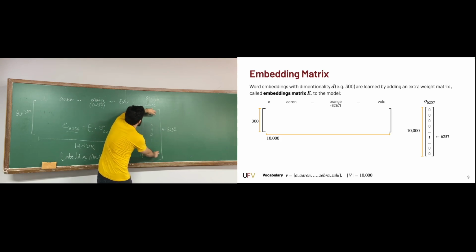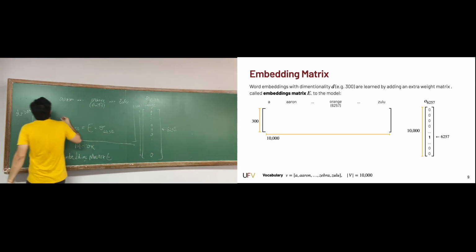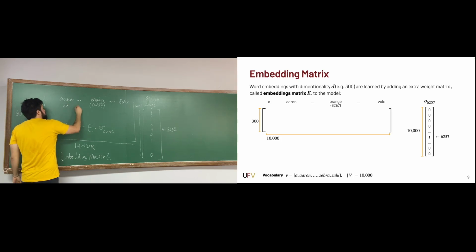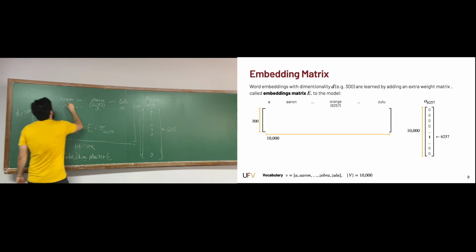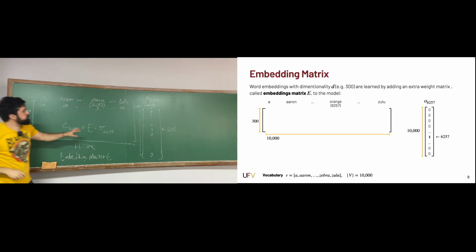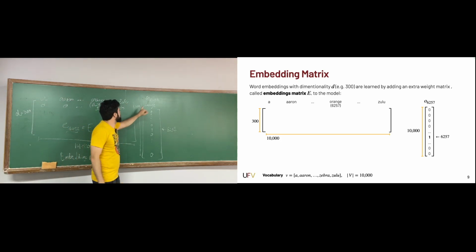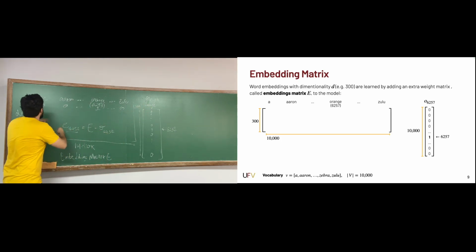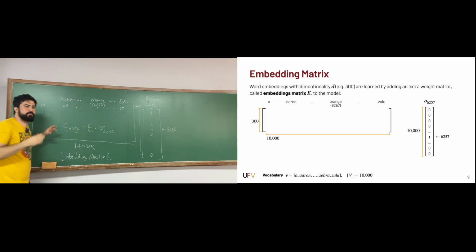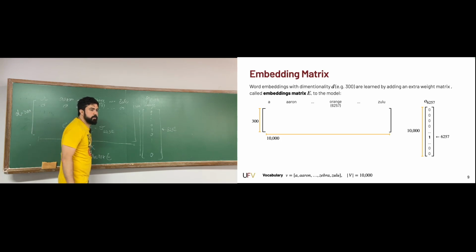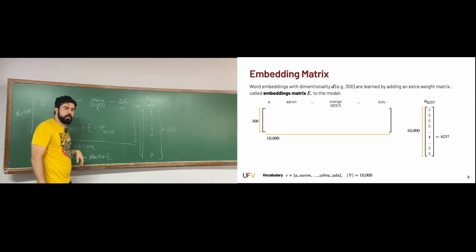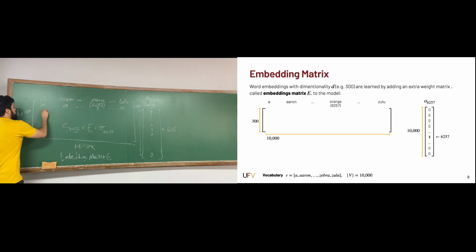Imagine this vector here transposed. What's going to happen when you multiply E by O, you're going to see that each word that is not orange will have a weight of 0. And only the word orange will have the value 1. Or only this column orange here would have the value 1. And this will happen for all the rows.